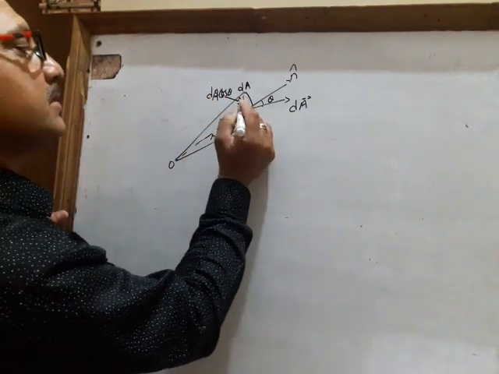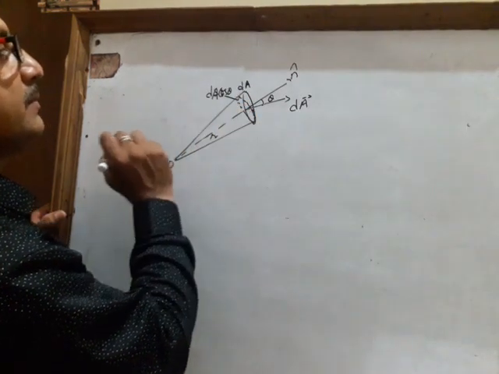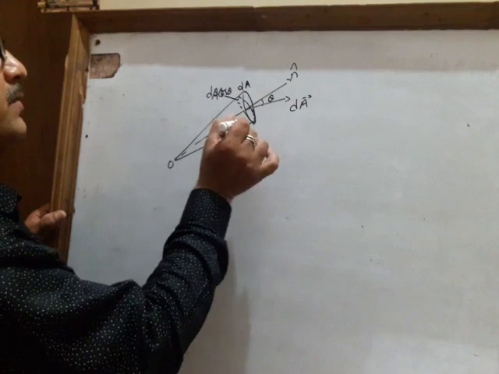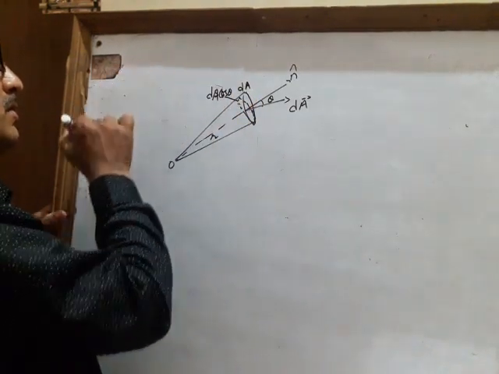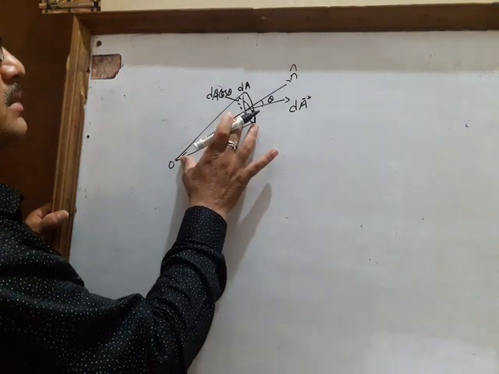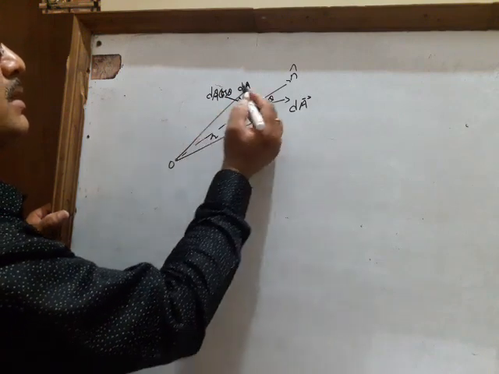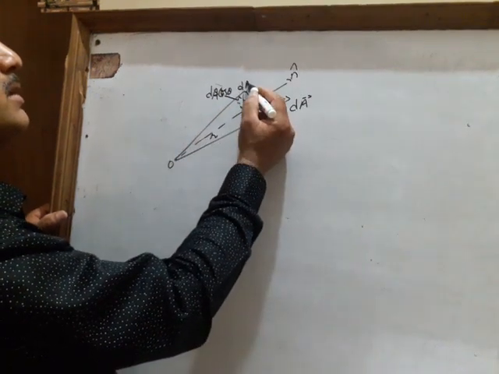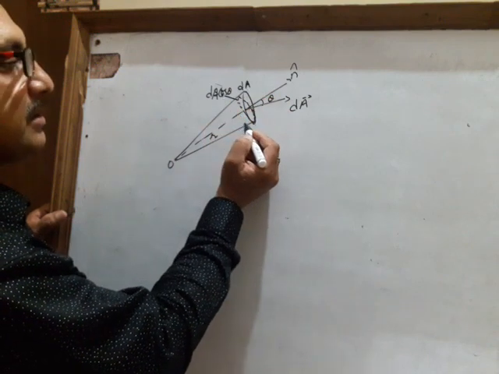If I draw a sphere taking O as center and r as the radius, then on that sphere the projection of this area will be dA cos theta.